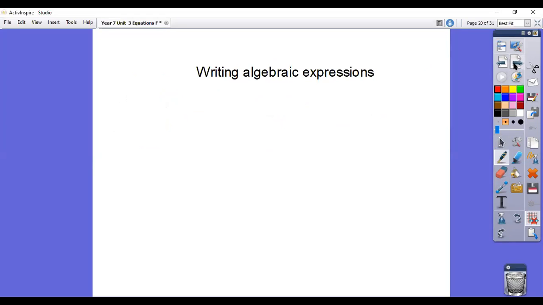Before we move on, we'll have a look at some more examples on writing algebraic expressions. If you bear with me 1 second, I'll bring up the PowerPoint.